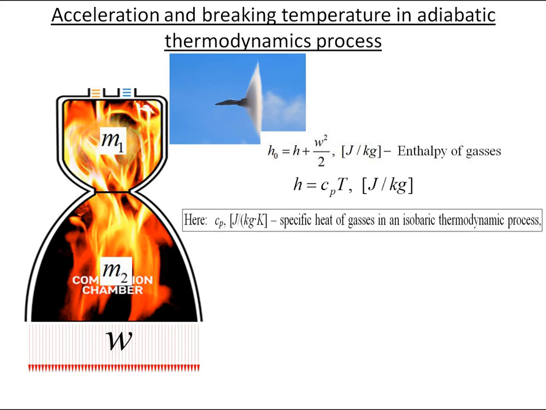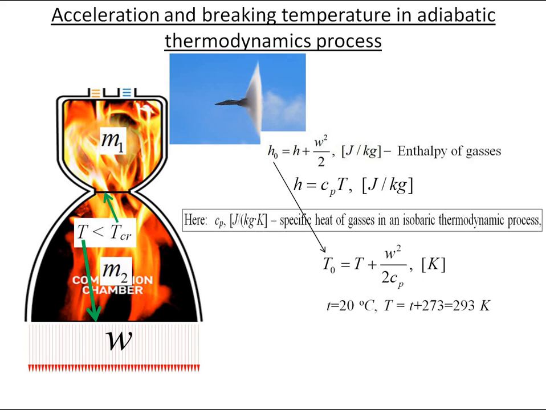Inserting the newly derived enthalpy expression into the equation above, we get such a temperature expression. This equation explains that the temperature at the entrance to the Laval nozzle and at the exit must differ. The adiabatic processes are the same, except braking of gases increases gas temperature, whereas in the process of acceleration temperature decreases.